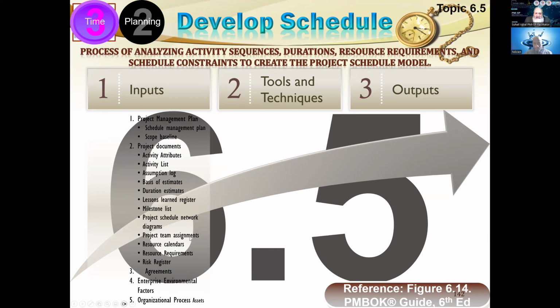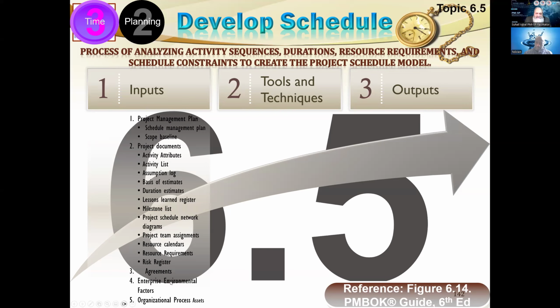Resource calendar, again, these team assignments are put into a resource calendar, which tells us when who will be available. Resource requirements, that is from the project side, when the project needs what resources, and if there is any risk, then the risk register can also help us out.